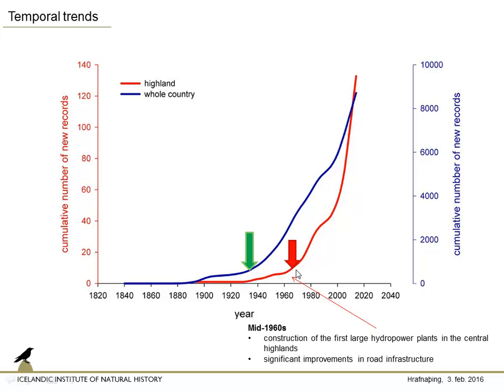Here is just several decades delay between the vigorous increase in Iceland as a whole and the vigorous increase in the highland areas. The shape of this curve for highland areas is really, well, alarming, because it looks like an exponential increase at the moment.